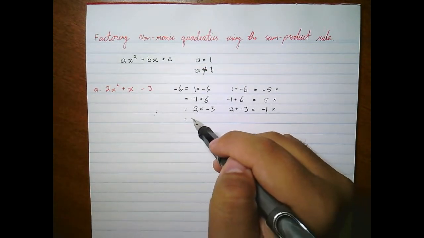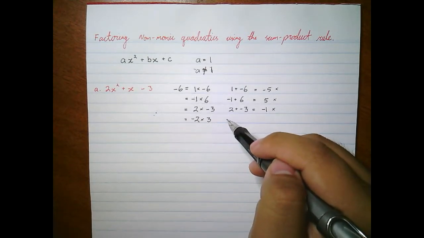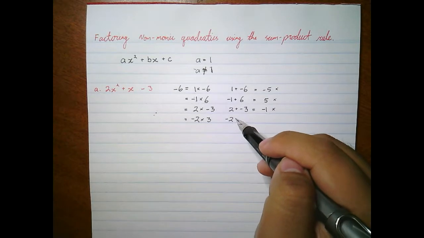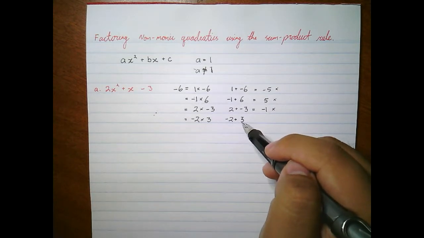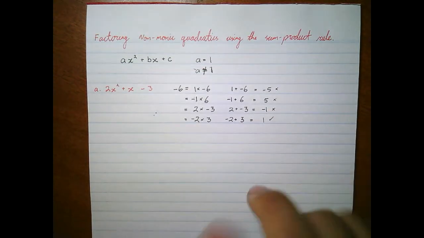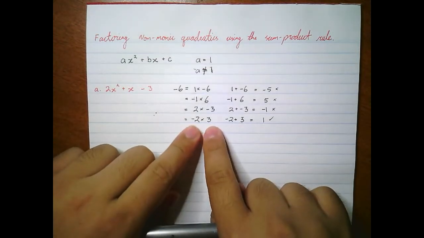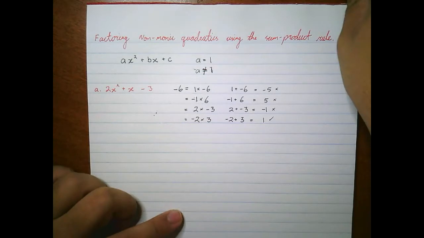It's going to be -2 times 3. Let's test it out. -2 plus 3, that's 3 minus 2, that's +1. So this is the one that we want. We want factors of -2 and 3.